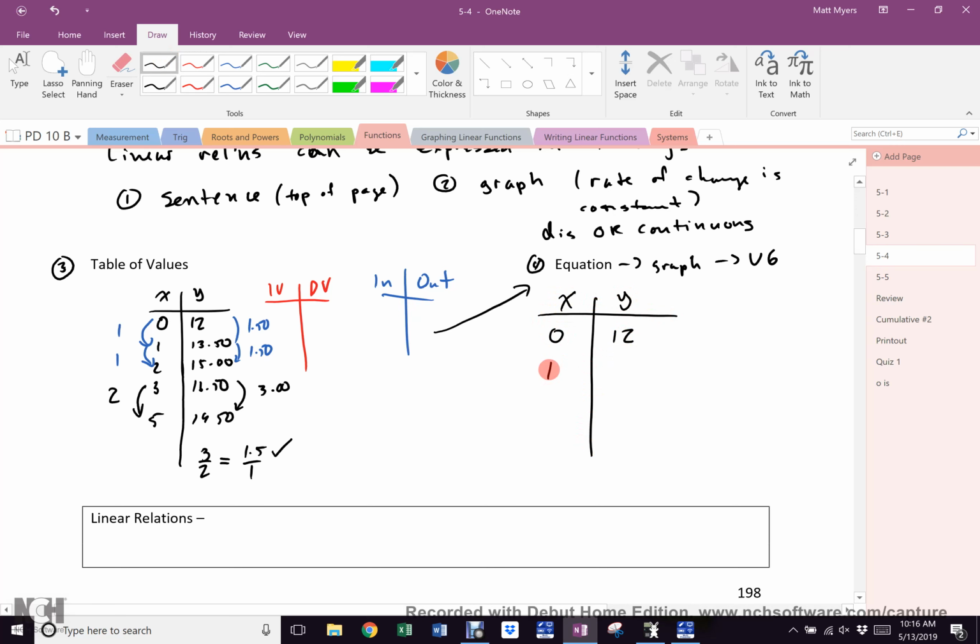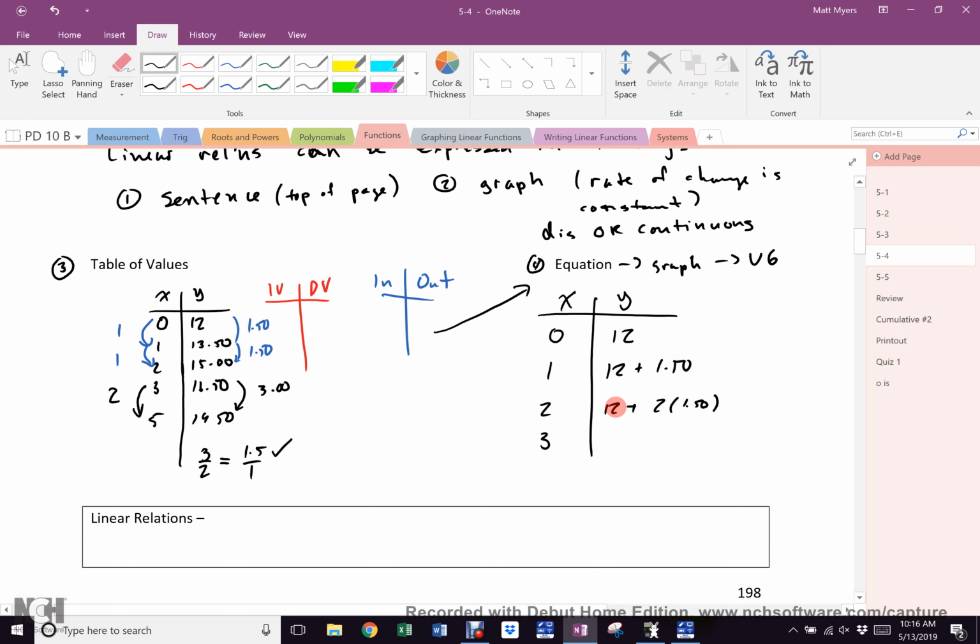If I put on one topping, do I still pay $12? Yes, but I have added how much more? 1.50. Agreed? Everyone understand? If I put on a second topping, do I still pay that $12? Yes, but now I have added how many 1.50s? 2 1.50s. Agreed?